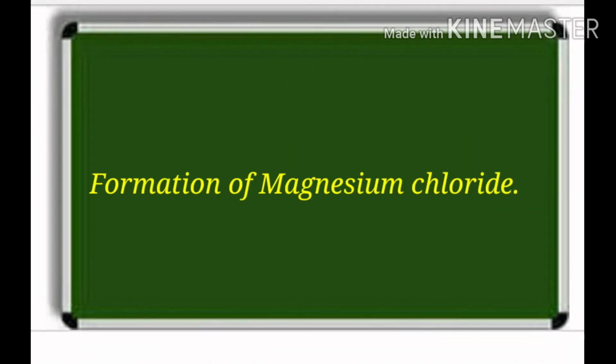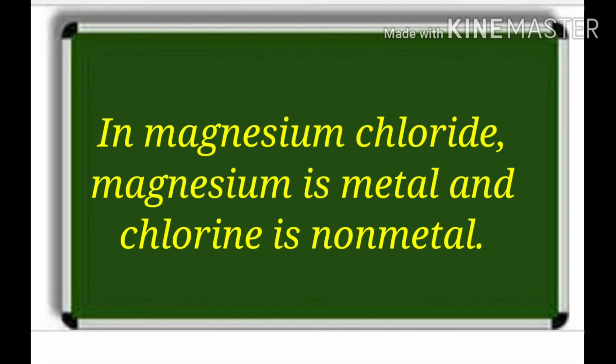Formation of magnesium chloride. In magnesium chloride, magnesium is metal and chlorine is non-metal.